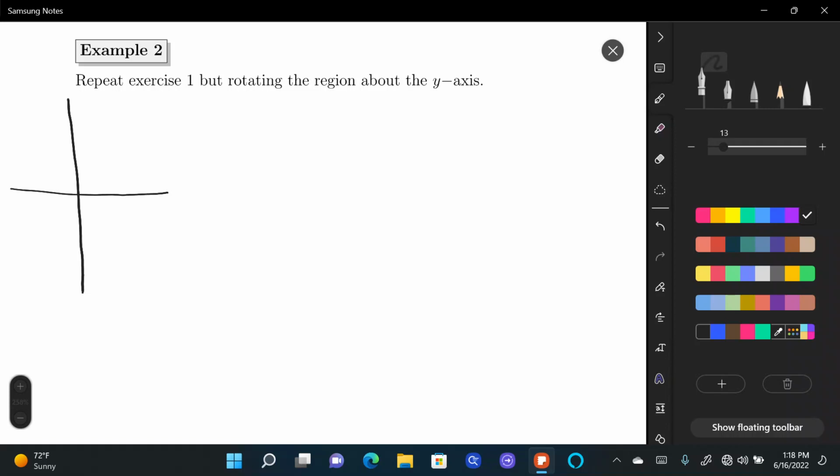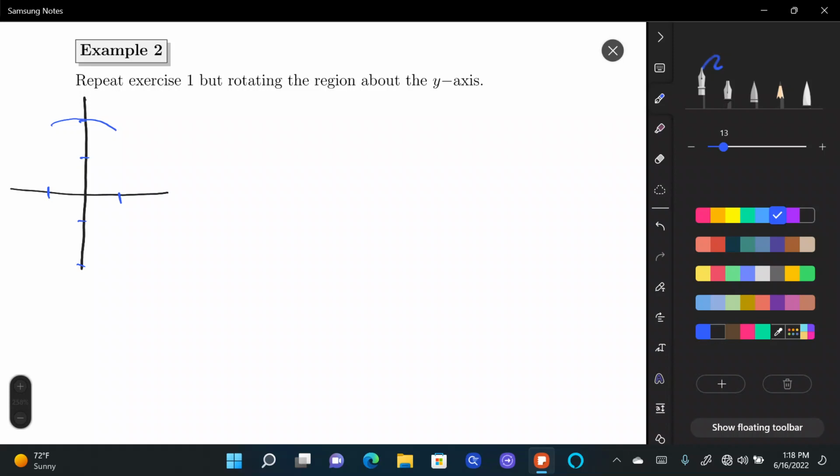We go from -1 to 1, and that's a radius of 2. All right, and this is our region of rotation, that section of the arc right here.